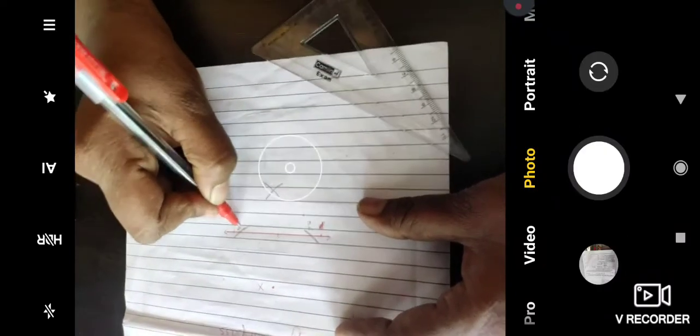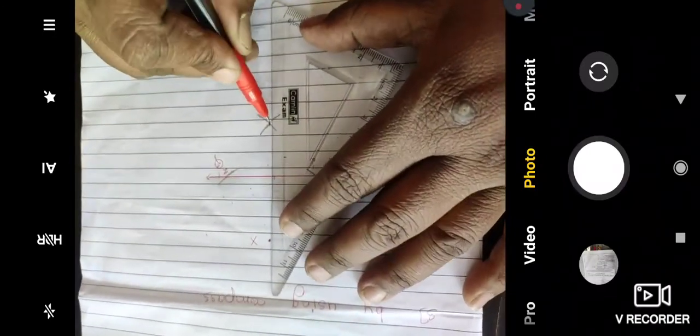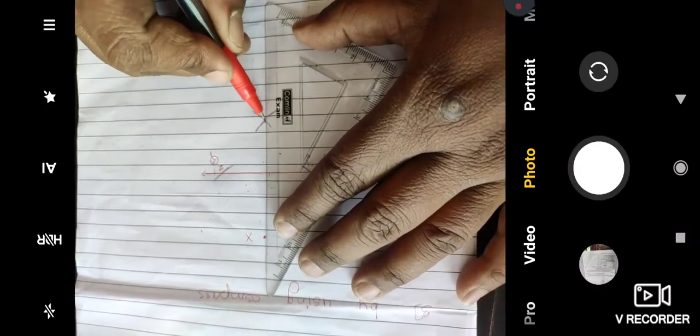Okay, suppose I will give this name to it, Y, and this is Z I will take here. So from Y and Z I draw the arcs which intersect each other below the line. Okay, now we have to draw the line passing from this point X and the point of intersection of both the arcs. Okay, so draw this line.